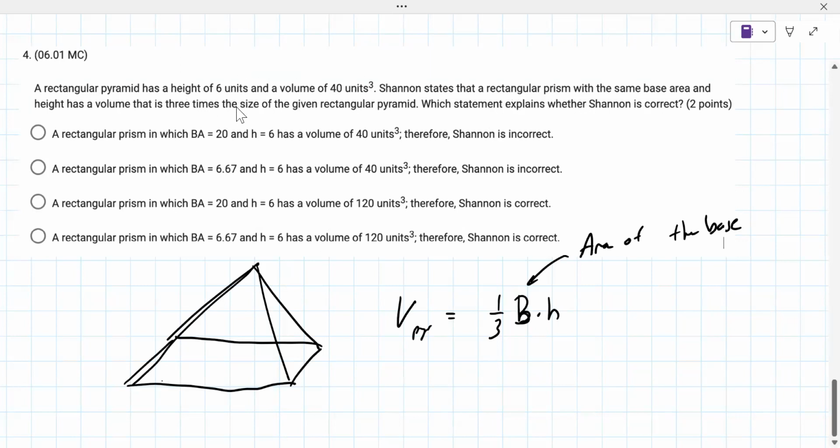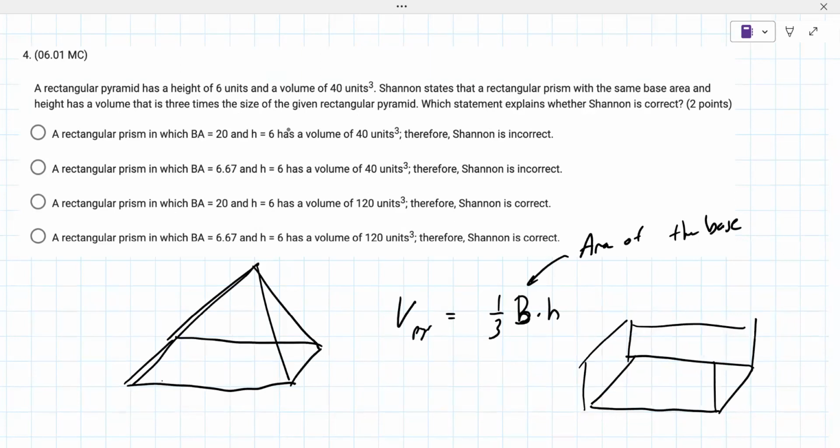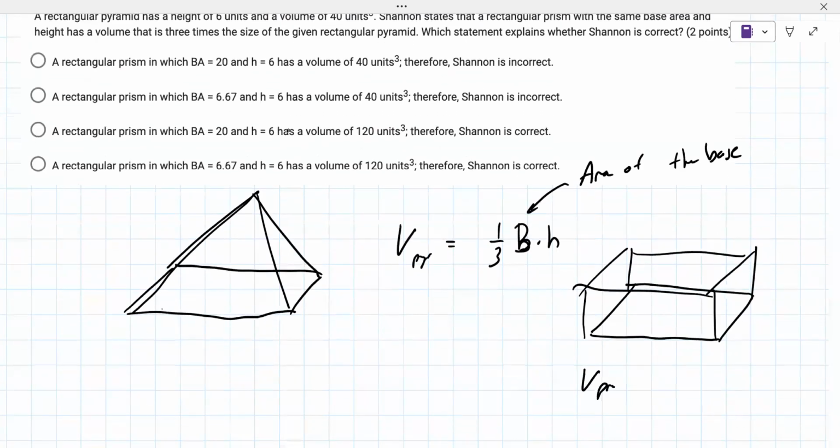Which statement explains whether Shannon is correct? Okay, so I'm not trying to tell you to do this, but in a rectangular prism, if this is the base area, here's the height, there are these posts. The volume of the prism is base times height. Got it.